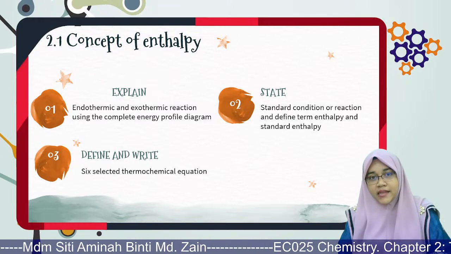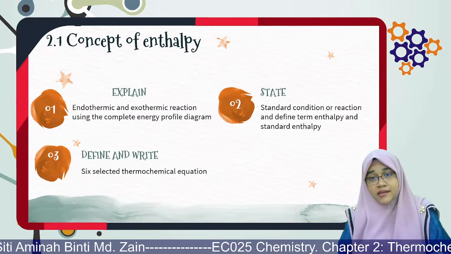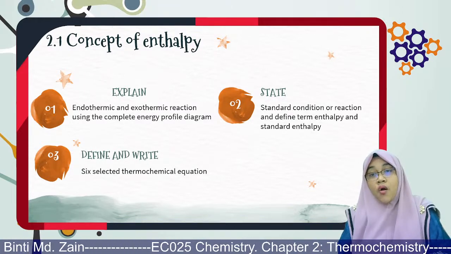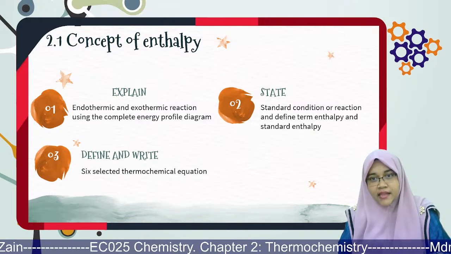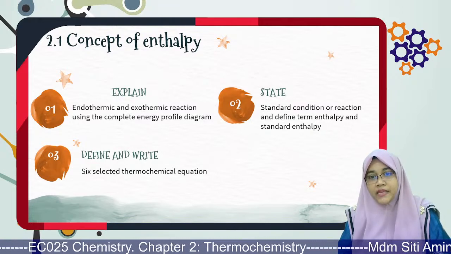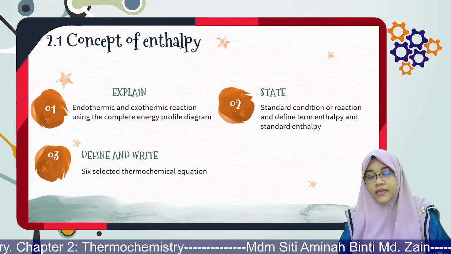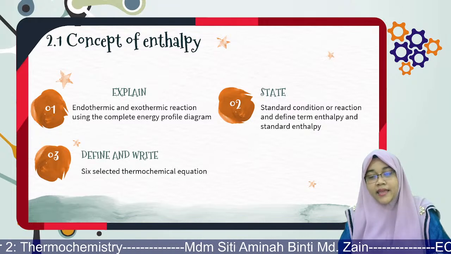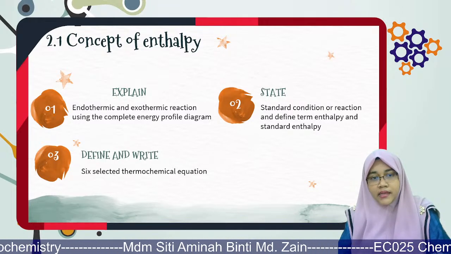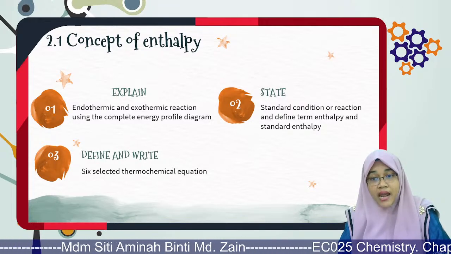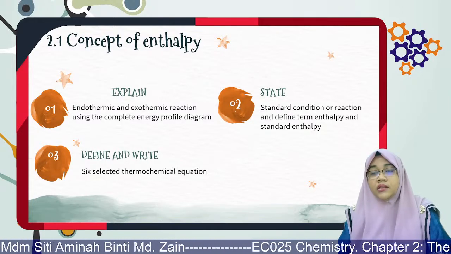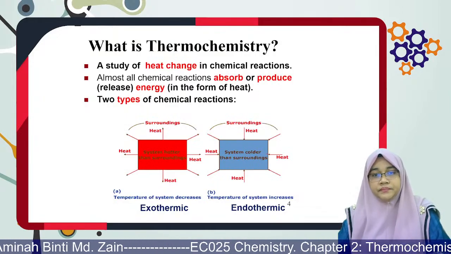The second is to state the standard condition of a reaction and define the terms enthalpy and standard enthalpy. What is the difference between enthalpy and standard enthalpy? And the third one is to define and write six selected thermochemical equations.